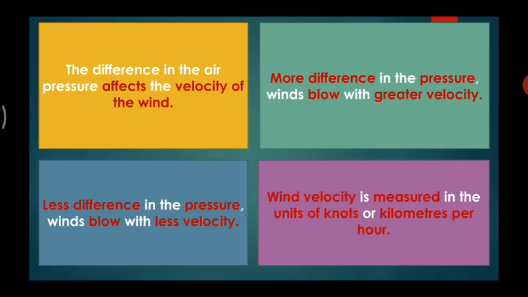It's measured in knots, or it is also measured in the unit called kilometers per hour, or we can say kph. Okay, so what is the unit used to measure the velocity of the winds? It is known as knots or kilometers per hour.